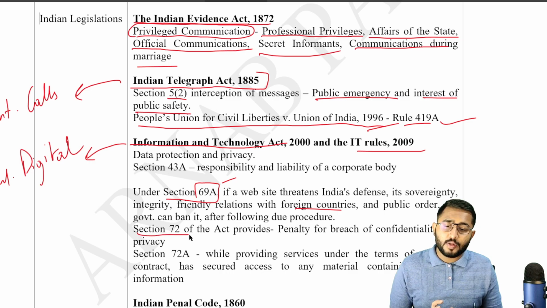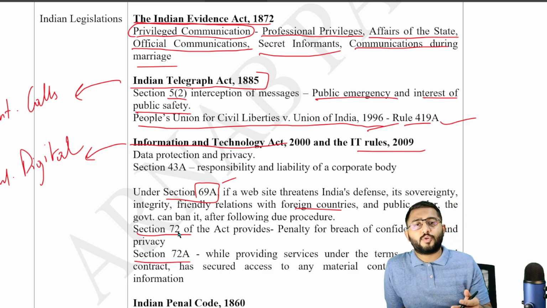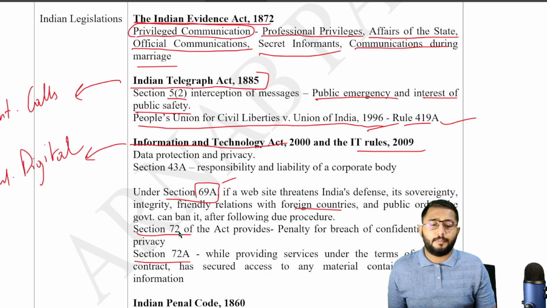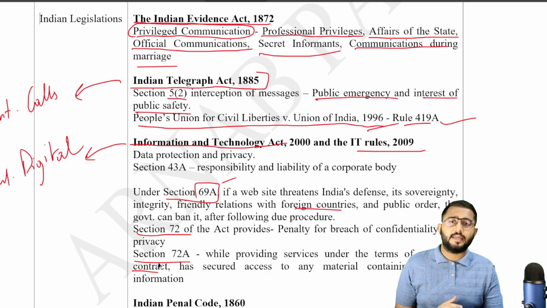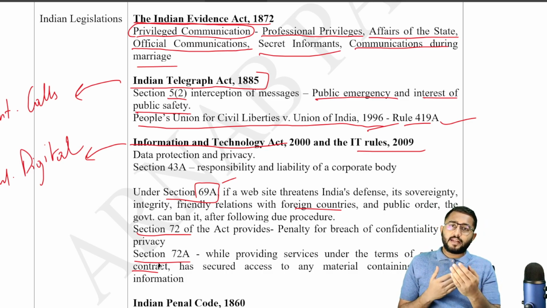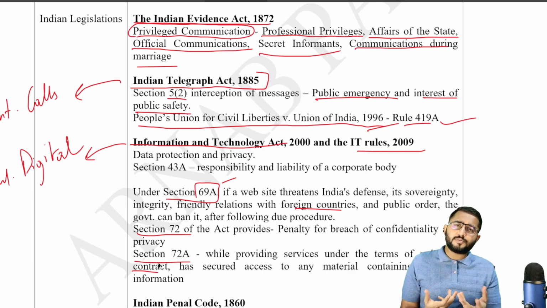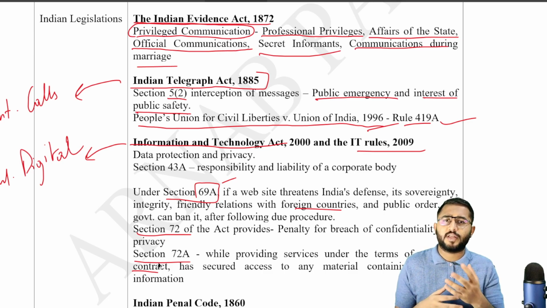Then it also has Section 72 and 72A, which talk about breach of confidentiality and breach of lawful contract. The rough meaning of both is that, let's say you and I have entered a contract. This could be any business arrangement, any conversation, any financial or legal arrangement between you and me.